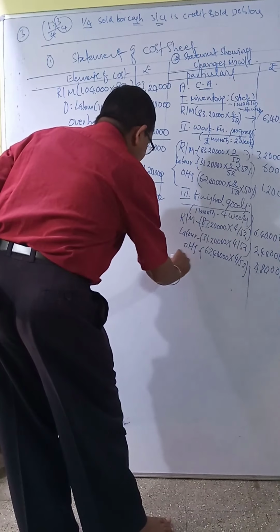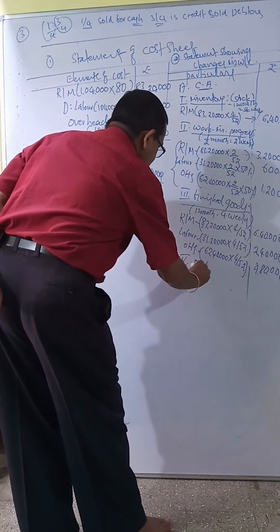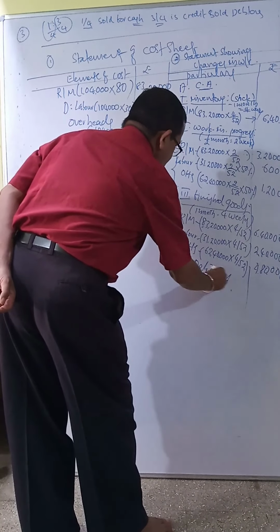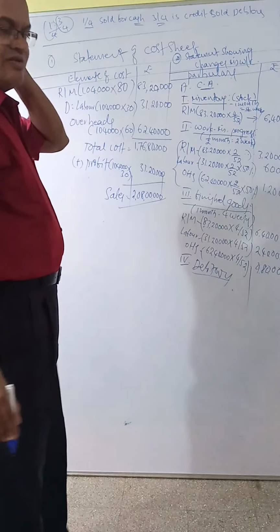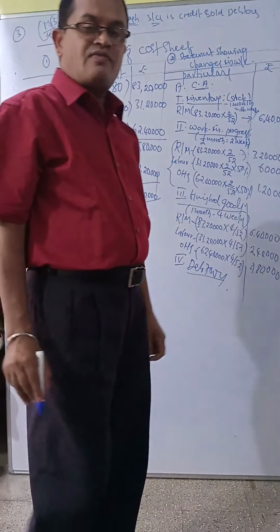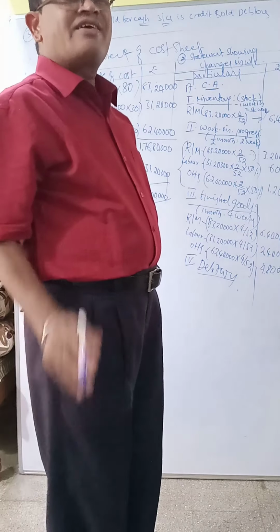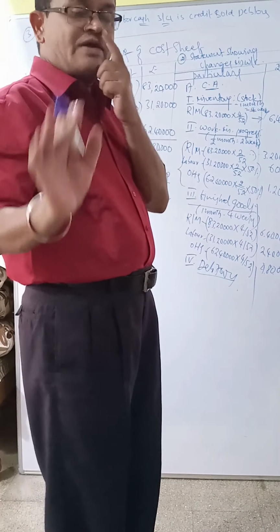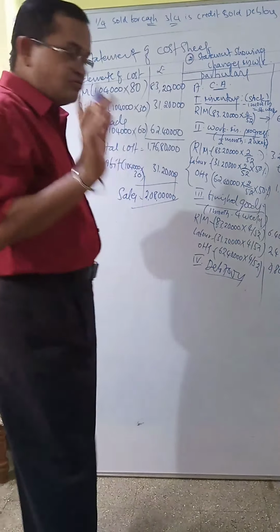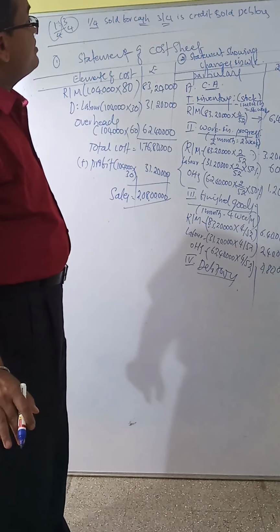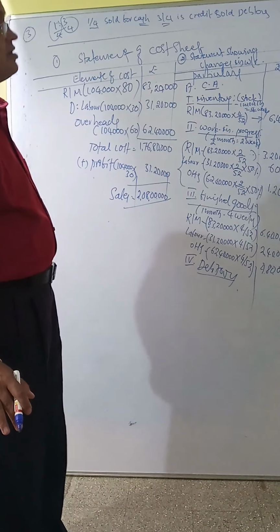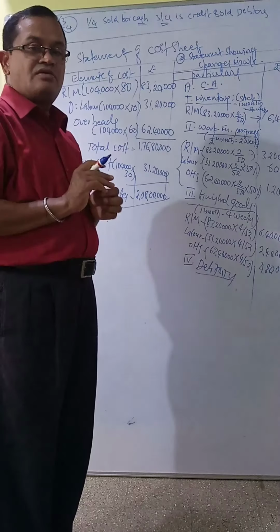The fourth component is debtors. Here for debtors, they given that 1/4 of the goods are sold for cash. We don't want cash. And 3/4 is assumed to be sold on credit. Sold to whom? Debtors. 3/4 you have to take.